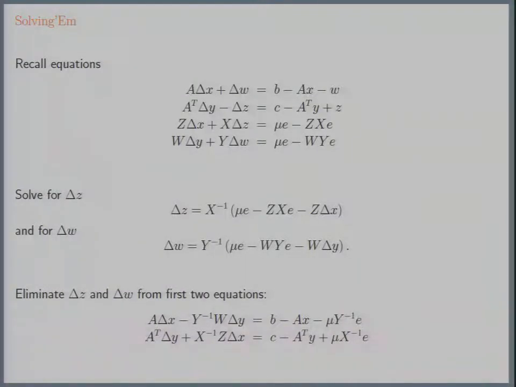Another way to say that is, this is a diagonal matrix X with all positive entries by assumption, and so that's an invertible matrix. And so I can solve for delta z like that, just solve that equation. Similarly, with the last equation, for this exact same reason, because the y's are all positive, I can solve it for delta w in terms of delta y. And here's that equation written out.